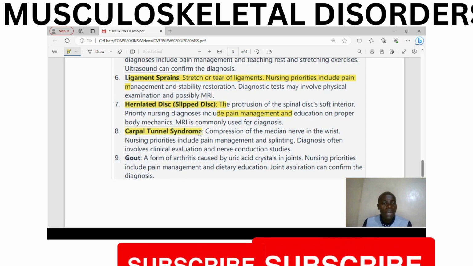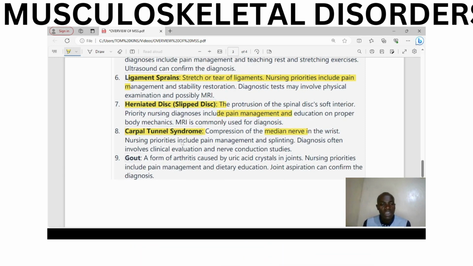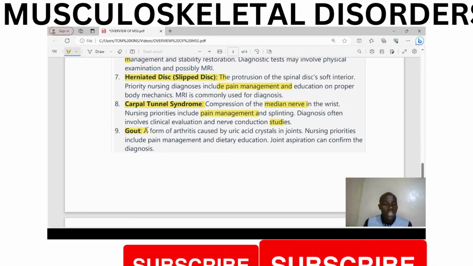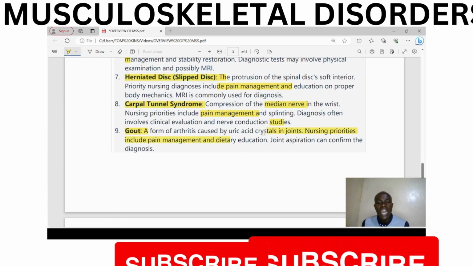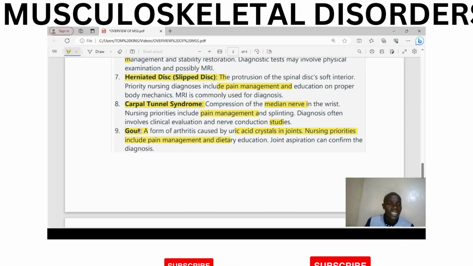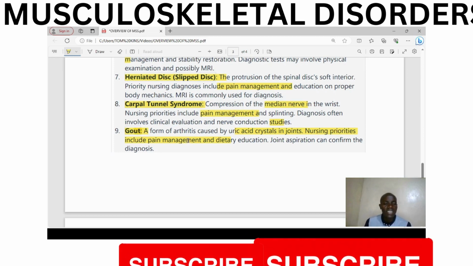Also, we have carpal tunnel syndrome, compression of the median nerve in the wrist, and the priority here again will be pain management and splinting. We have another one, gout. It's a form of arthritis caused by uric acid crystals in joints, and pain management will be one of the major priorities. It majorly affects alcoholics.